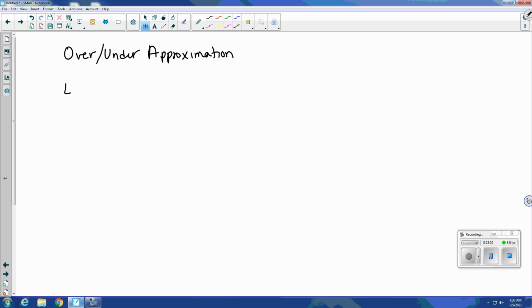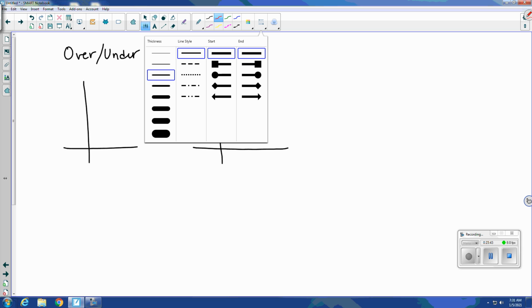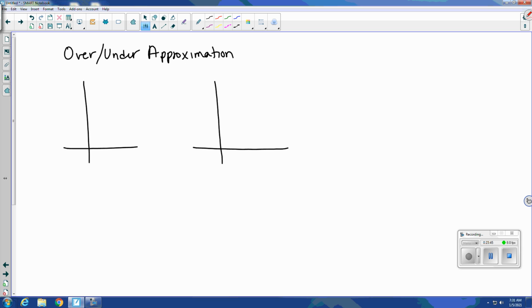When it comes to LRAM and RRAM, let's actually just look at 2 examples. All you care about is if the function's increasing or decreasing. Okay?